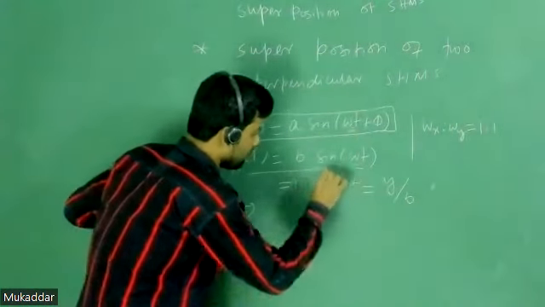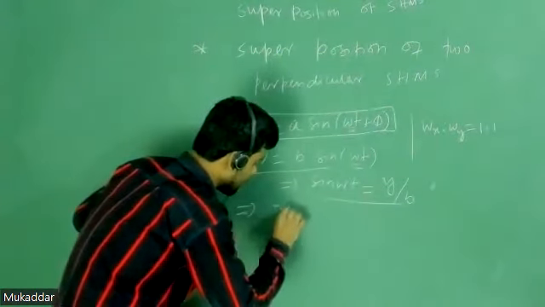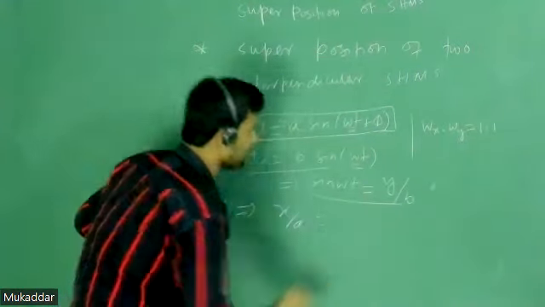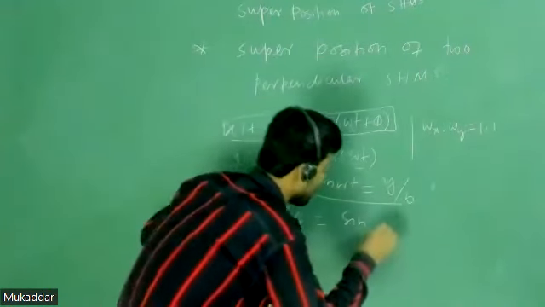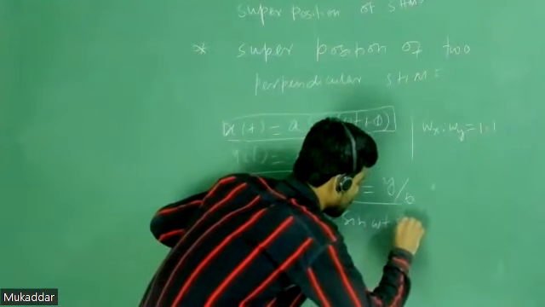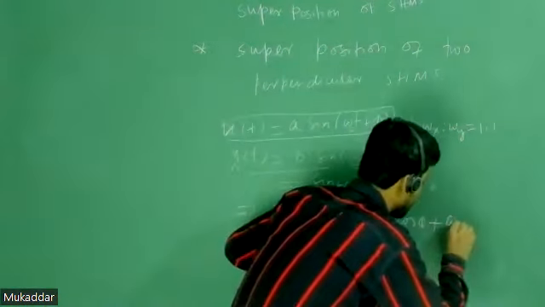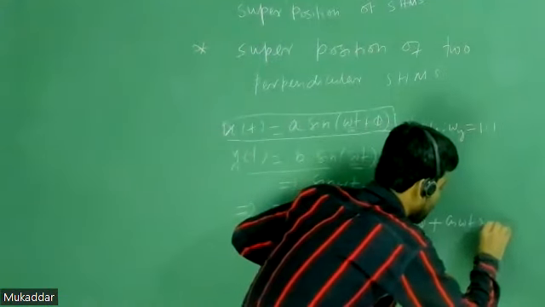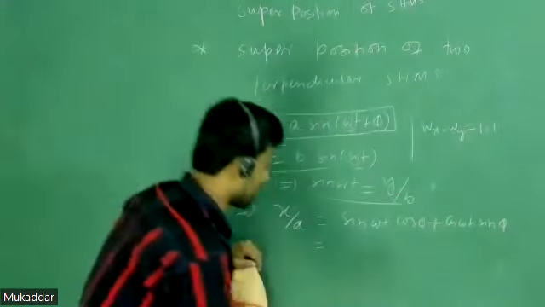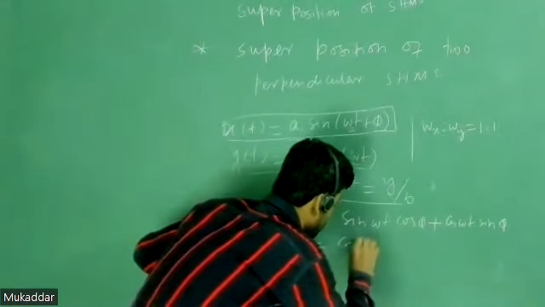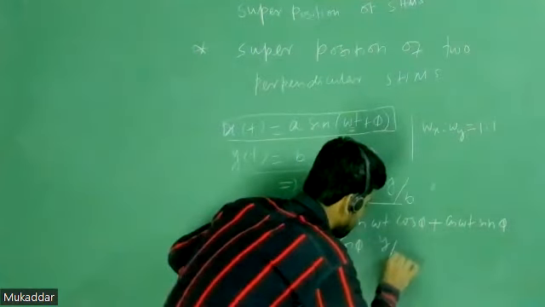From this equation I can write x by a, that will be sine of omega t cosine of phi plus cosine of omega t sine of phi. Right, now cosine of phi sine of omega t, that is how much? That will be y by b.